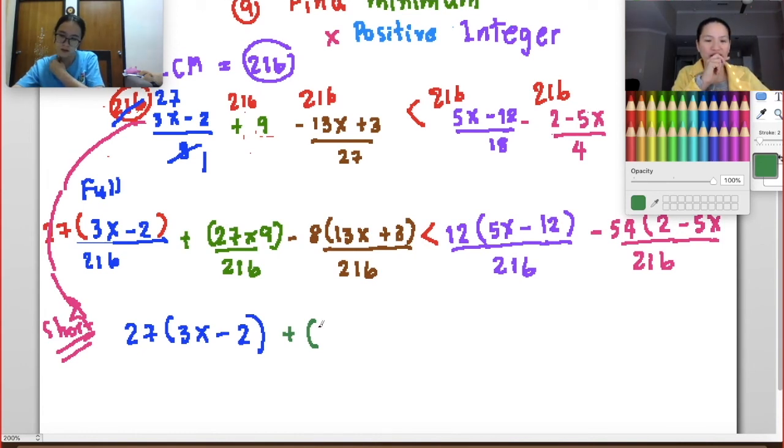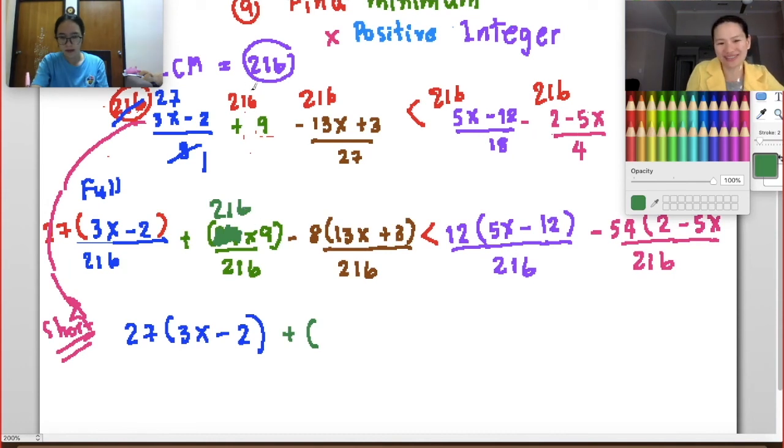No, sorry, this one has to multiply with 2, not 27, this one is 216.